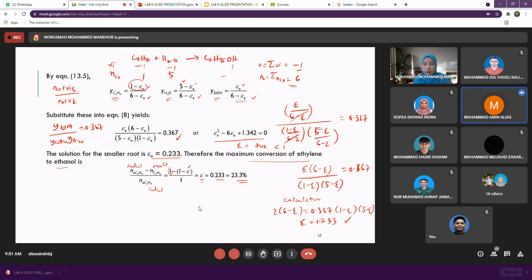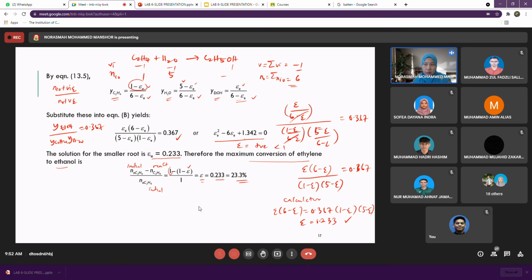Berapa ni? 5.767. More than 1 kan? Satu lagi 0.233 ada tak? Ada. So ambil yang less than 1 dan dia mestilah antara 0 dengan 1 lah.